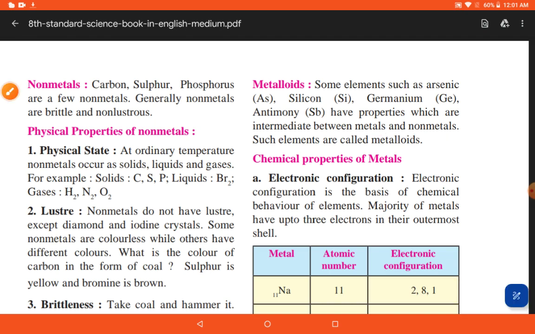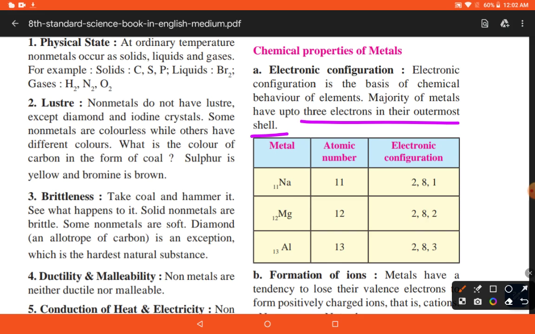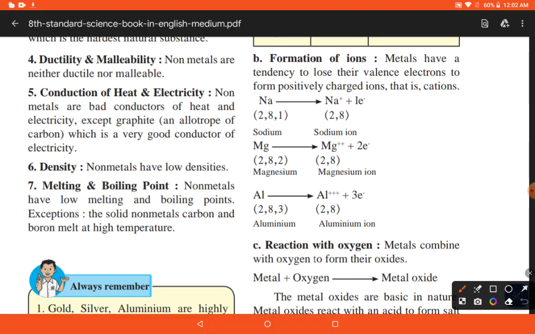Electronic configuration I've told you. Now see, generally metals can have at most 3 electrons in their valence shell. And formation of ions, you already know, no? Metals can lose their valence electrons, they can form cations, and thus they can form ions.